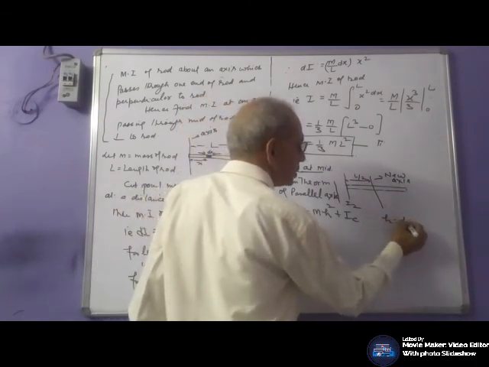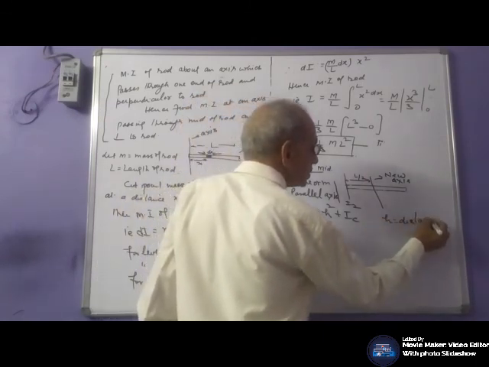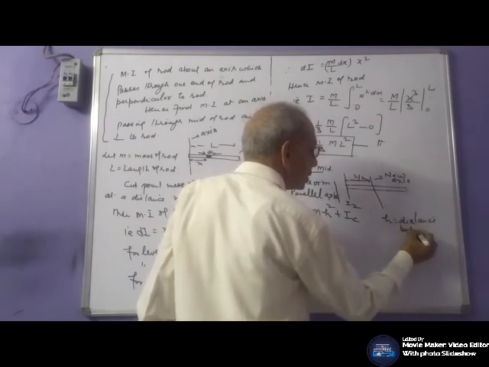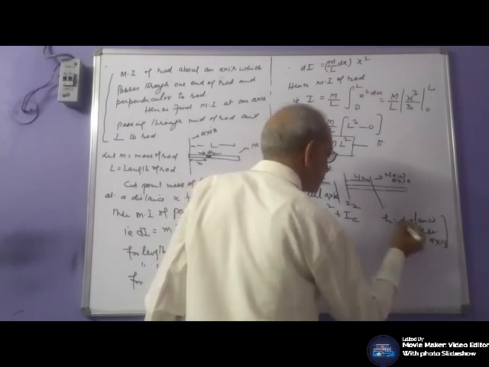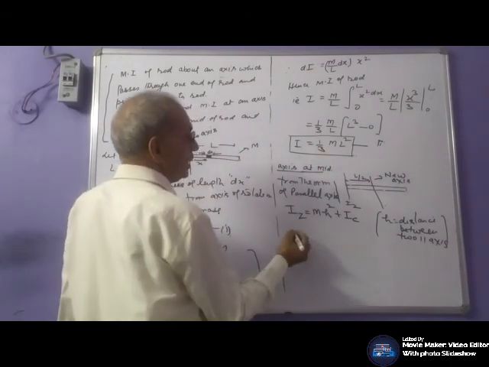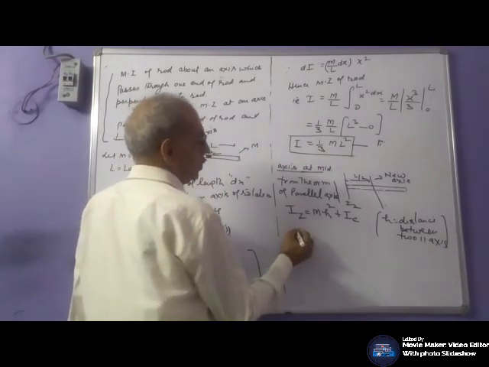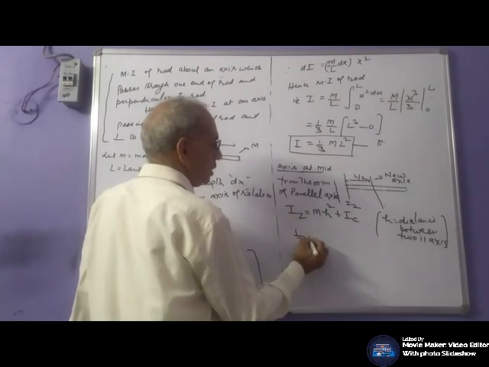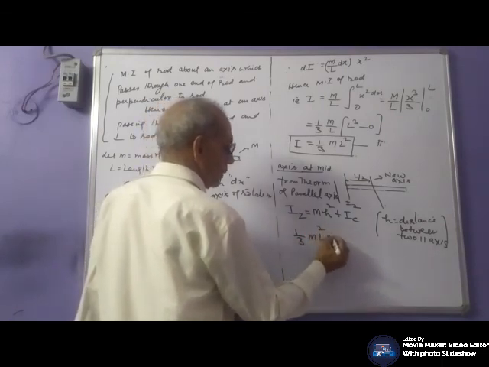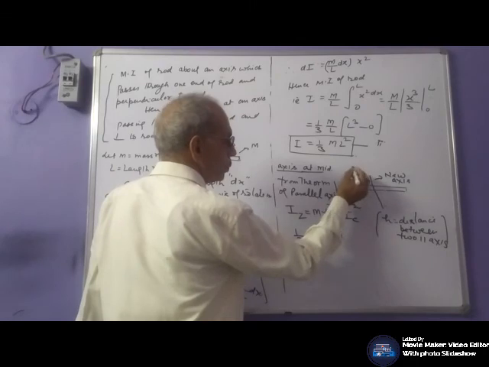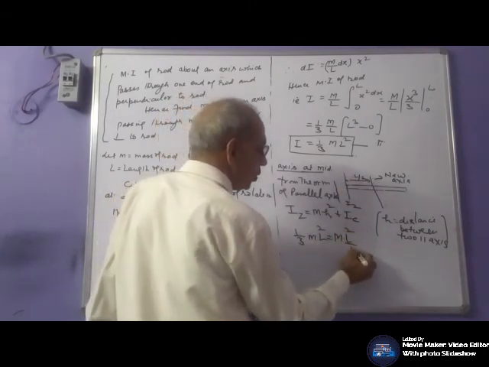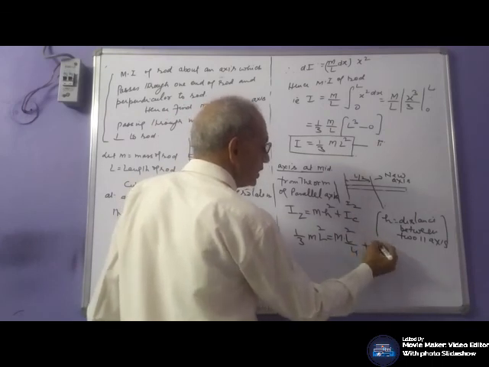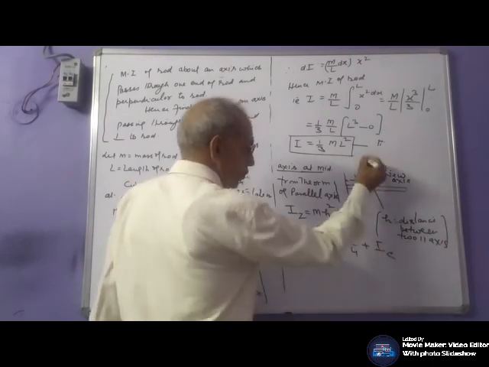H is the distance between two parallel axes. So here IZ is 1 by 3 ML square. Mh square, this is that distance, L square by 4. This is IC, from center.